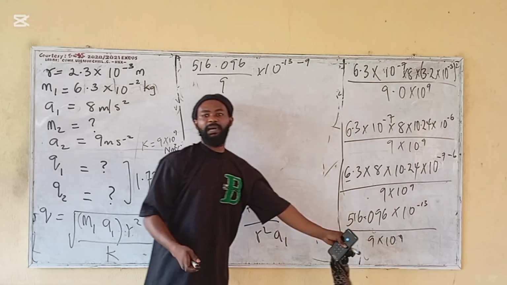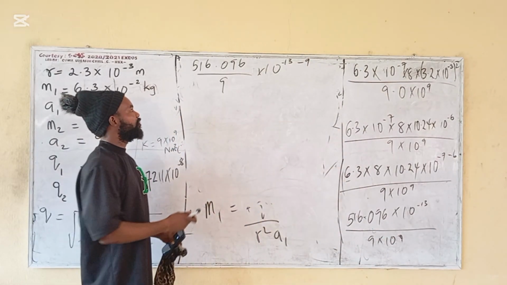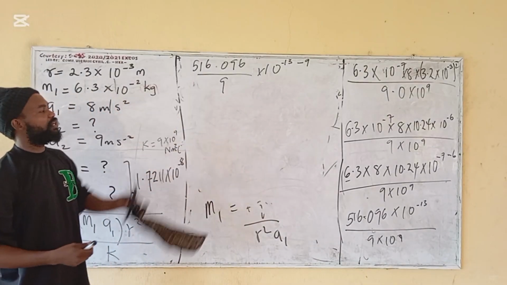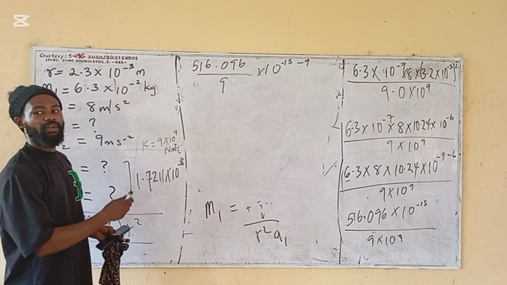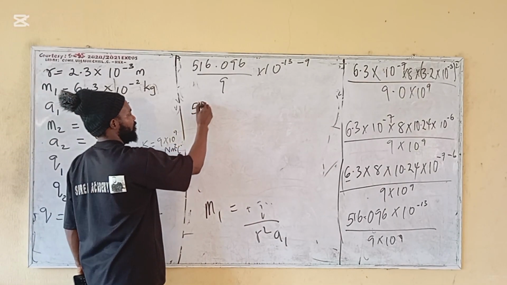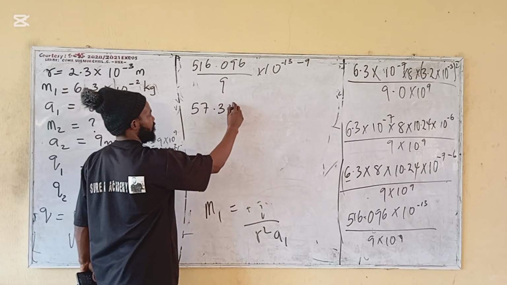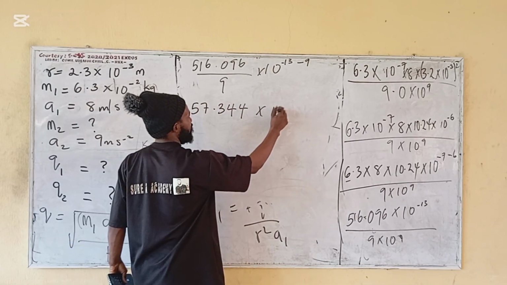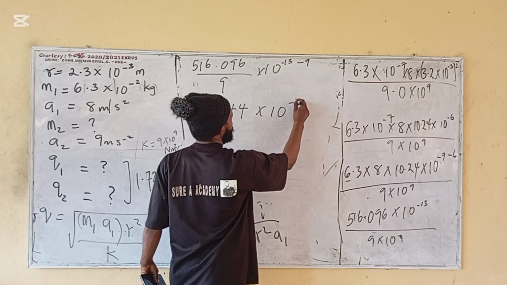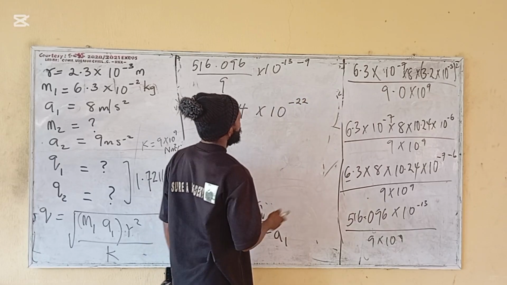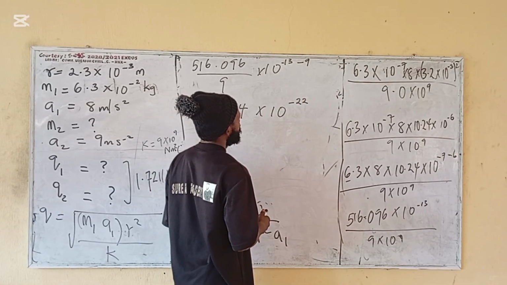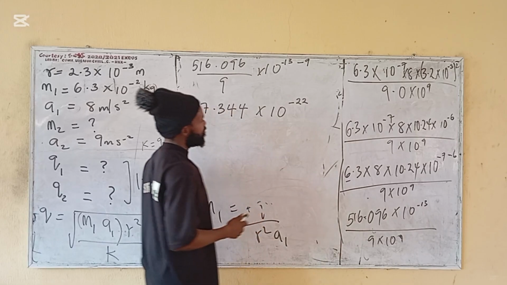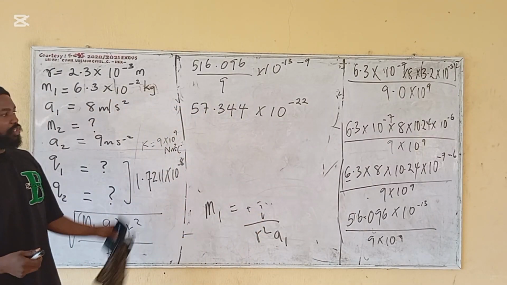Hope you know why this 9 is minus. So I have 516.096 divided by 9, which is 57.34, times 10 to the power. Yes, is it what you have? Yes, this is what we're getting.